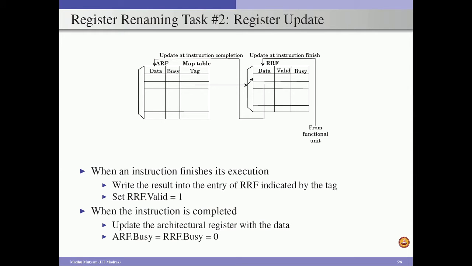Now, suppose that this instruction, which recently finished its execution, comes to the head of the ROB. Once it comes to the head of the ROB, it has to go through the complete stage, that is, it has to commit to the architectural register. Note that whenever an instruction is processed through the complete stage, the instruction has to write the value to the architectural register specified in that instruction.